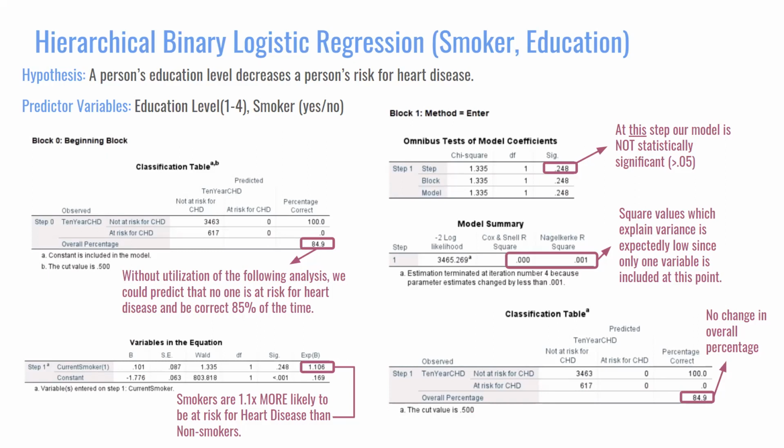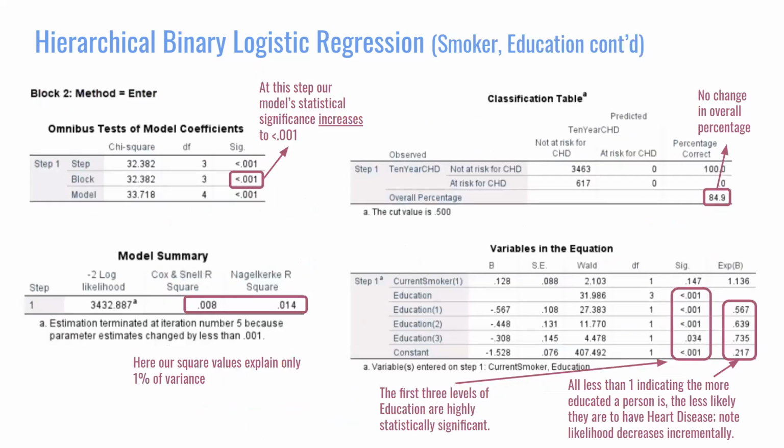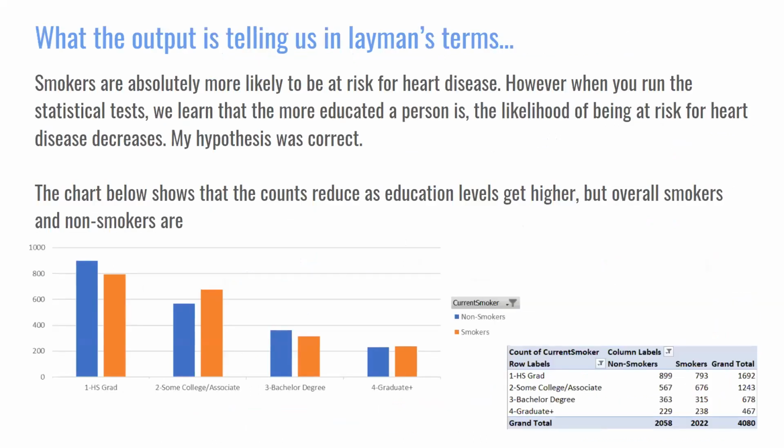Okay. Next, let's go to that cross tabulation that you did with smokers and heart disease, or education and smokers. A little bit further. That one. This one.